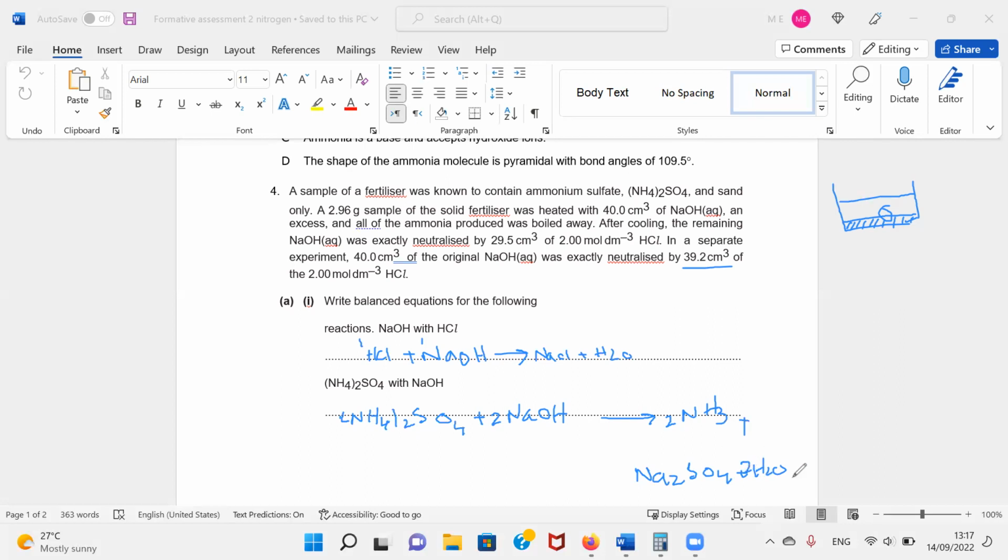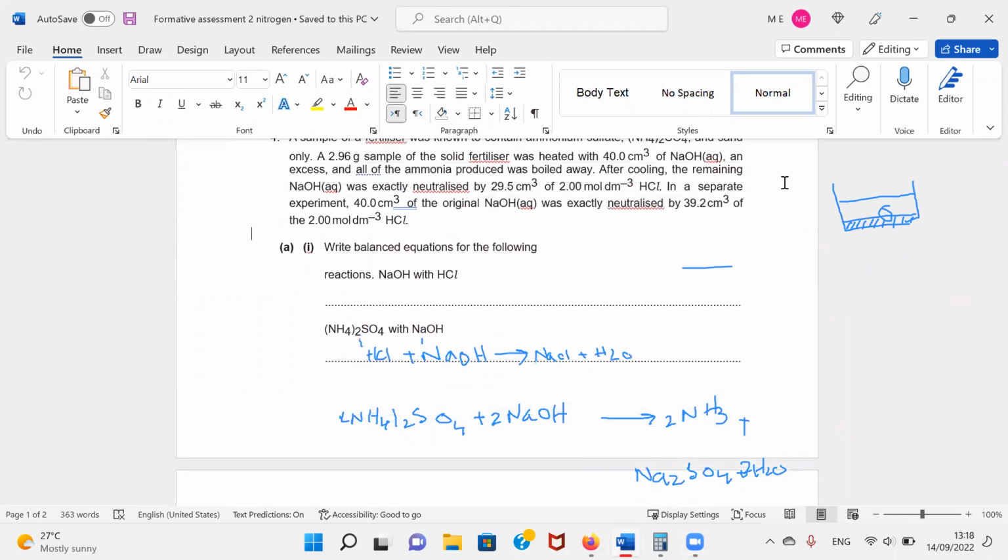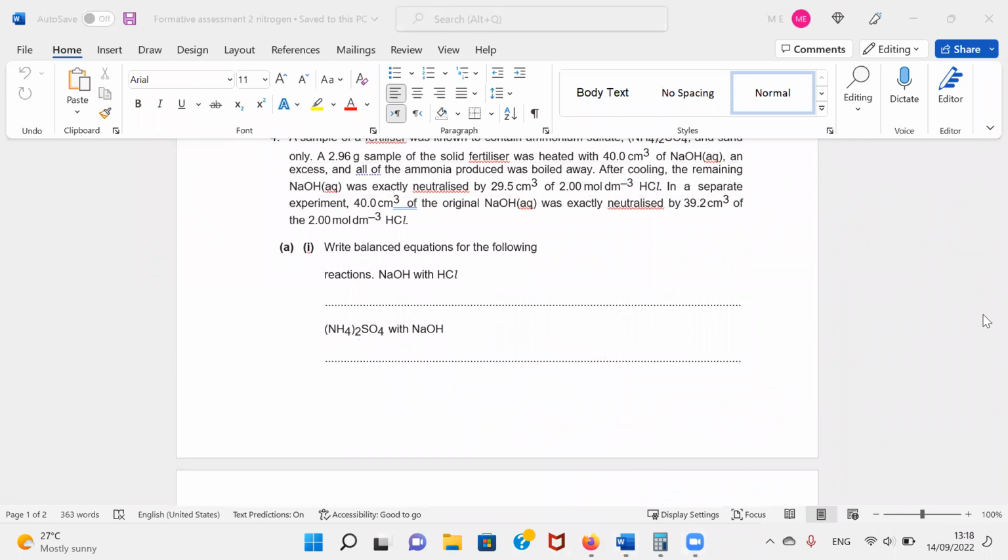Okay, so here we have 8, 10 hydrogens. Here we have 10 hydrogens. Sodiums are okay, and sulfur is okay. The next requirement. Okay. So now we know the ratio between the ammonium sulfate and sodium hydroxide is 1-to-2.